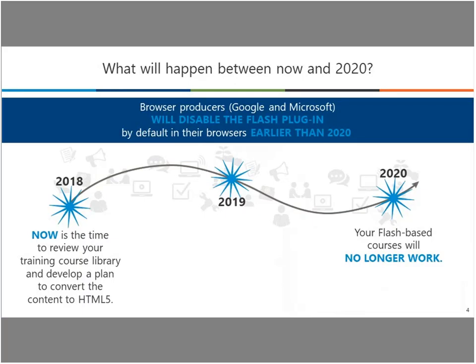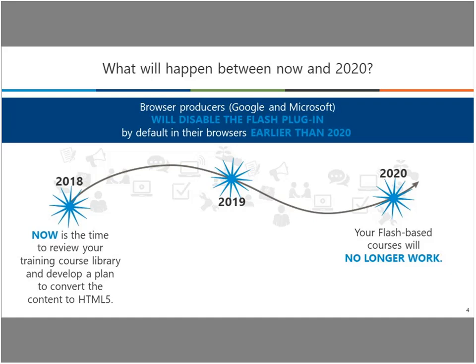As far as the timeline, going from the right to the left side of the screen, as I said, in 2020, Flash is going to stop working inside of more modern browsers. Two of the biggest ones, Chrome and Microsoft's Edge, already are preparing for this content not to be working.